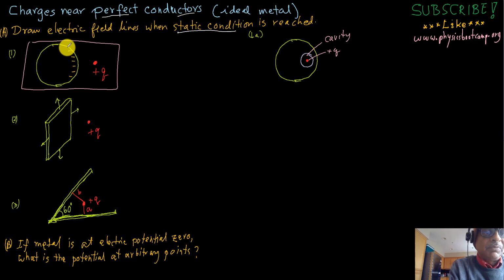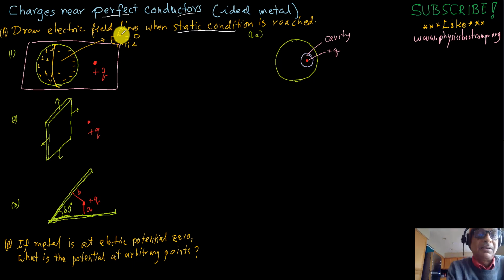You might say this half will have negative charges, and this half will have positive charges. The whole thing will distribute so that inside the metal, the E at any point inside equals 0.